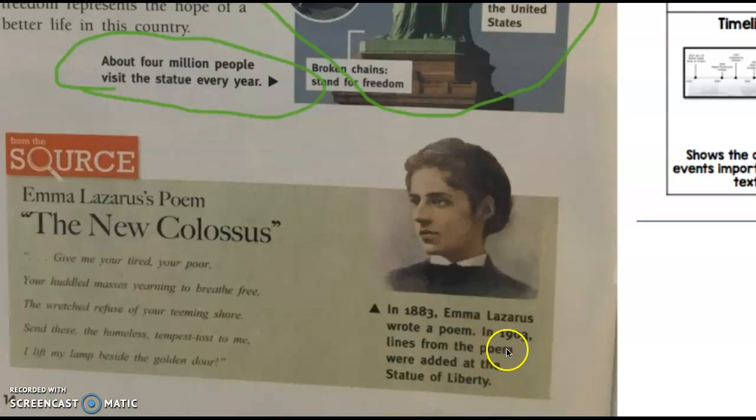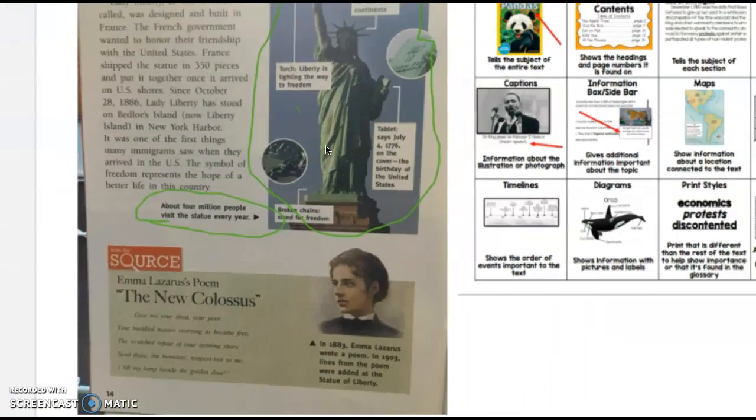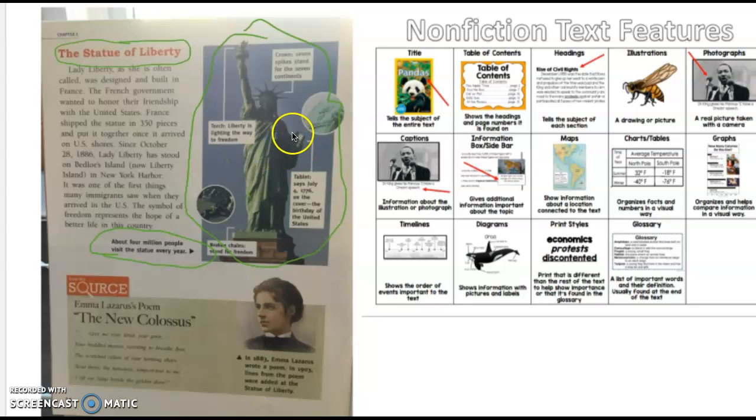In 1883, Emma Lazarus wrote a poem. In 1903, lines from the poem were added to the Statue of Liberty. And so that is actually on the Statue of Liberty. And I believe that it is on the tablet that she is carrying. I'm not positive on that.